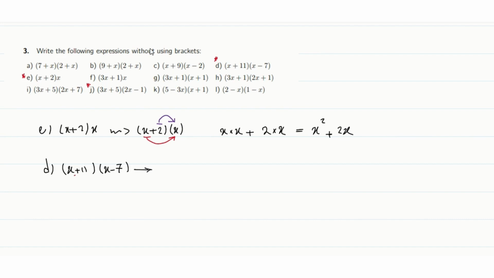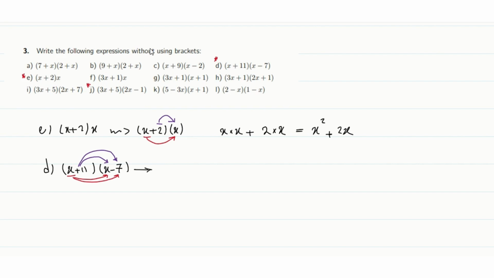So we multiply x by x, and we multiply x by -7, and we do the same thing for 11. We multiply +11 by x, and we multiply 11 by -7. So we should note that we should consider minus or -7 in here as the second term, and we shouldn't forget the negative sign in here.